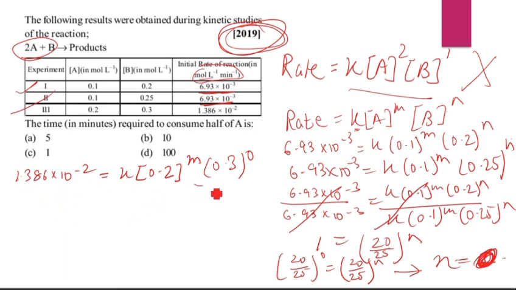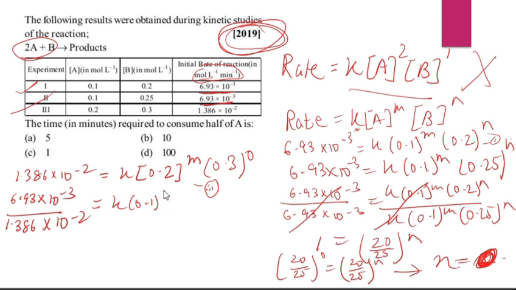Okay, now see, this is our first equation. Third equation we get, and the first equation is this one. So if we divide this, what we will get, 6.93 into 10 to the power minus 3 divided by 1.386 into 10 to the power minus 2 equal to k 0.1 to the power m into 0.2, now what is the value of n, 0, right, so 0, divided by k 0.2 to the power m into 0.3 to the power 0.